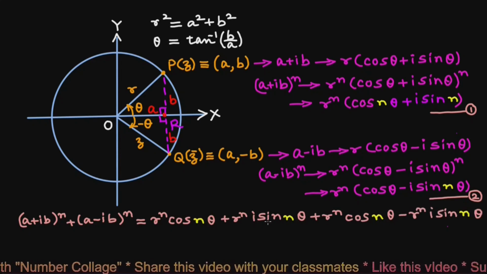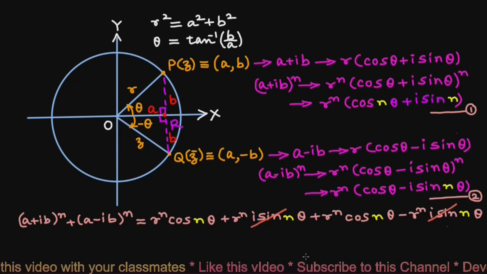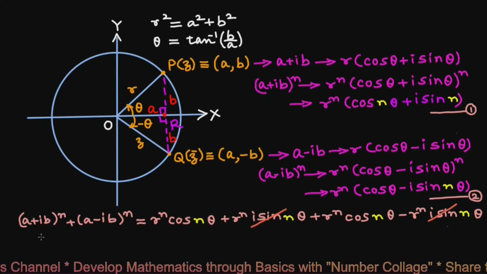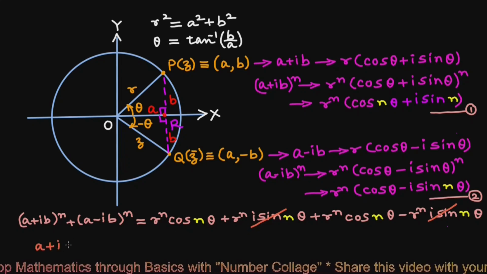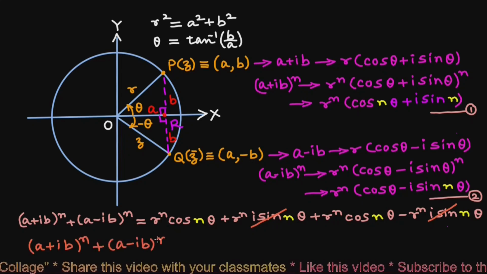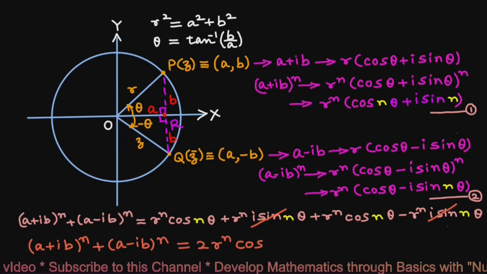Now r raised to n i sin n theta minus r raised to n i sin n theta is 0, and finally what we get is an important result: (a plus ib) raised to n plus (a minus ib) raised to n equals 2 r raised to n cos n theta.